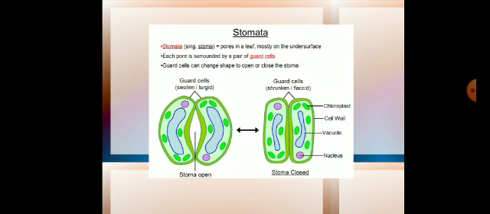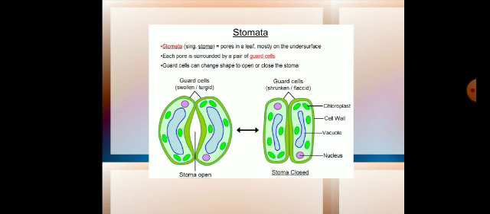Stomata is in the turgid phase. When it absorbs water, it will become turgid. Water and carbon dioxide can easily pass through it, because transpiration also takes place through stomata, causing excess loss of water.